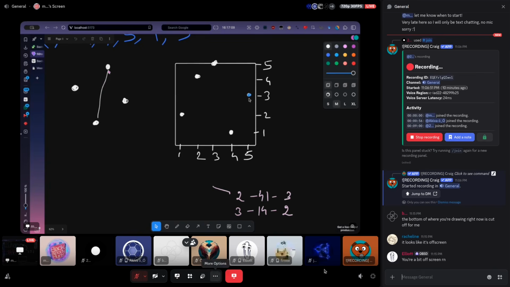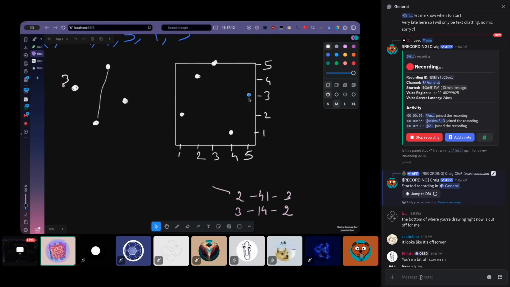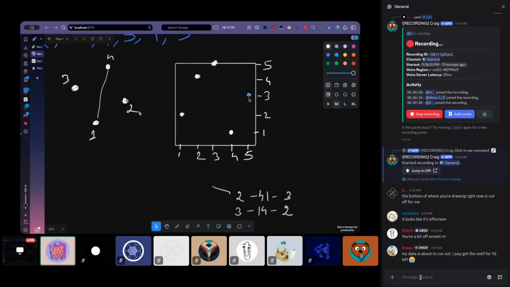So let's say this is 3, and then this is 1, this is 4, this is 2. So what we are trying to avoid is 4 numbers in this sequence where the third highest is first, then there's the lowest, then there's the highest, and then there's the second lowest.